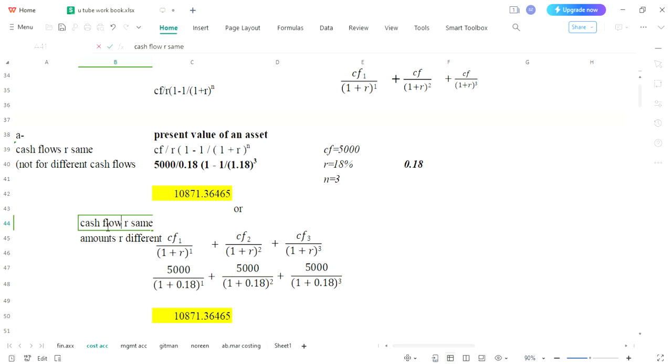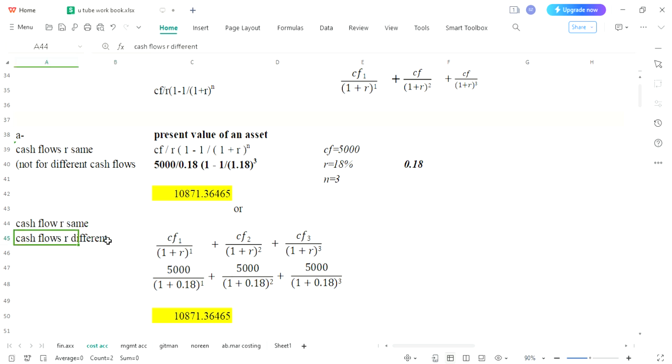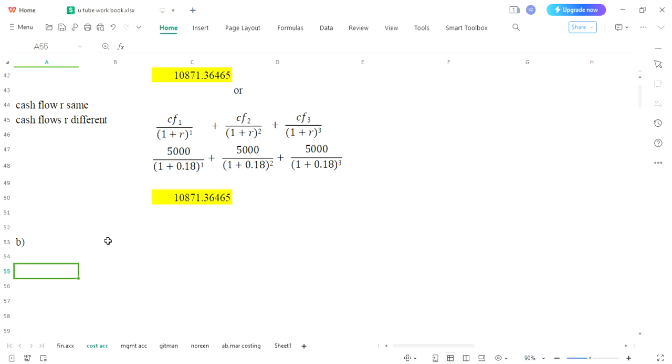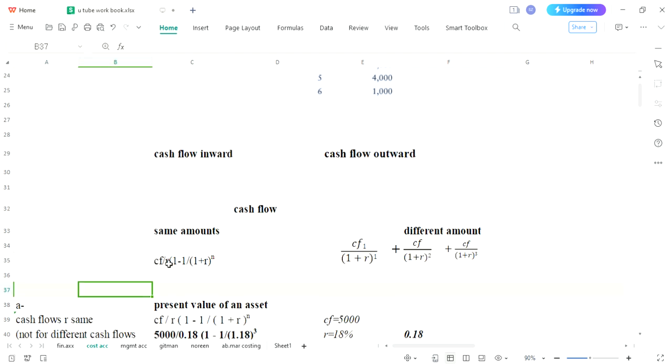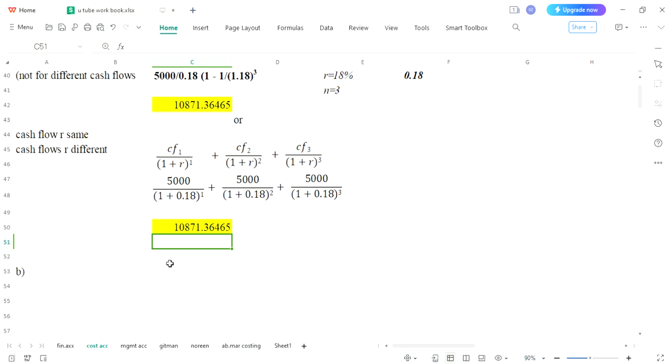Since we will use this word, that is why I am writing, so that your understanding can be better. Cash flows are different, cash flows are same. Just putting these formulas over here. Alright, now B part has been started, and as I have told you that cash flows are similar, so you can put this formula over here. Just we need to make little space in between these values.